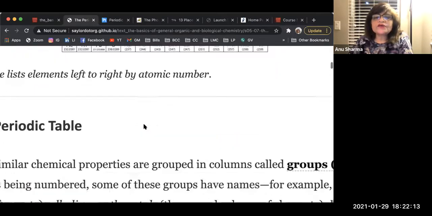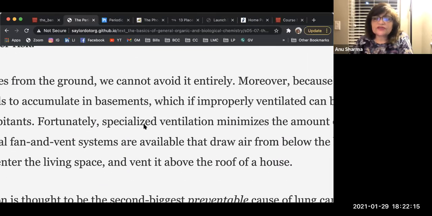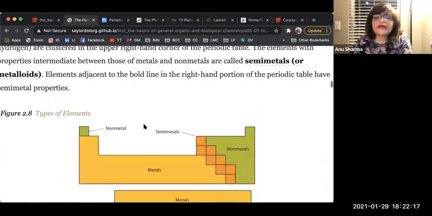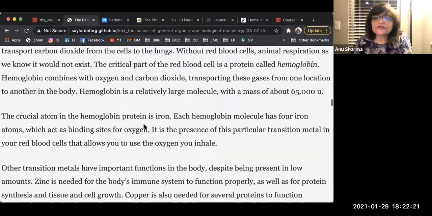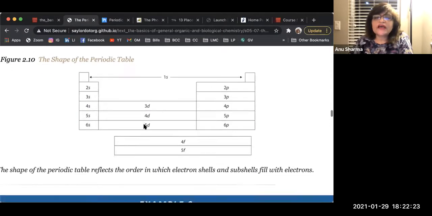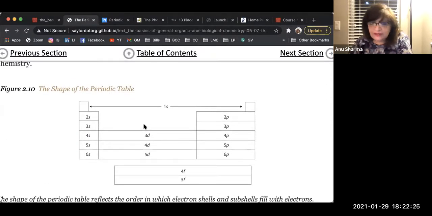Now, where do those last electrons end up? That depends on their last orbital. We're going to study this in a minute when we talk about electronic configuration. I highly recommend that after you study electronic configuration, you go back and look at this, and you will understand it more.